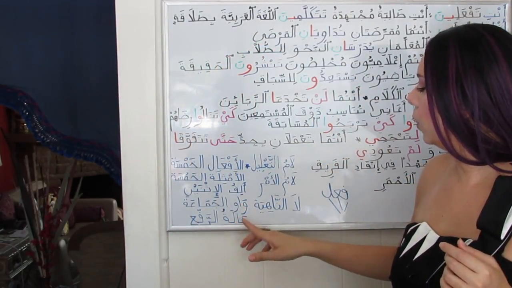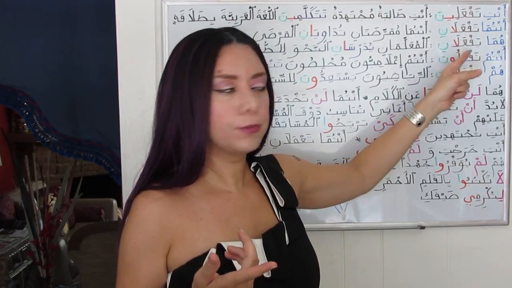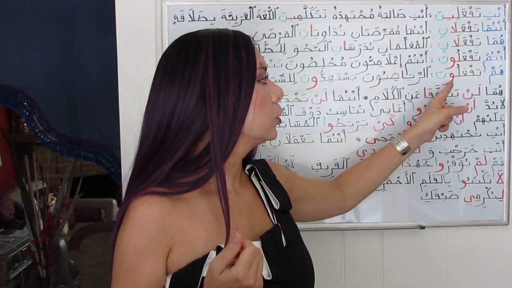The collective واو, واو الجماعة. So this is called واو الجماعة, indicating the second person and third person plural. Alright? So we have second person feminine singular, dual ألف, ألف الاثنين, and the collective واو, واو الجماعة.